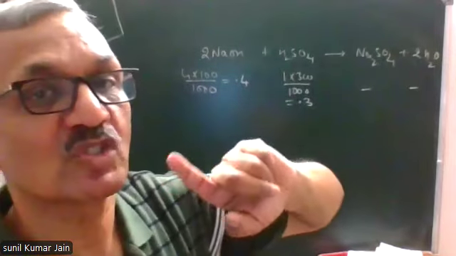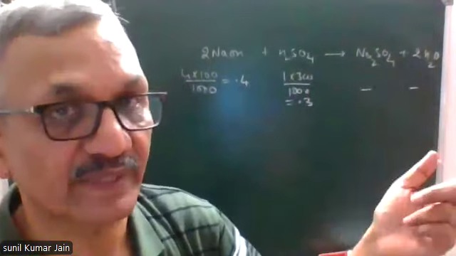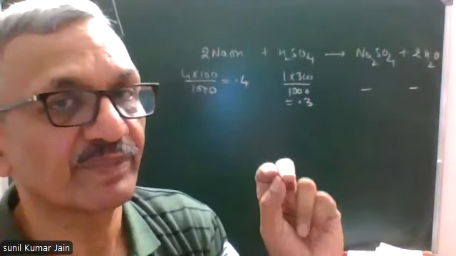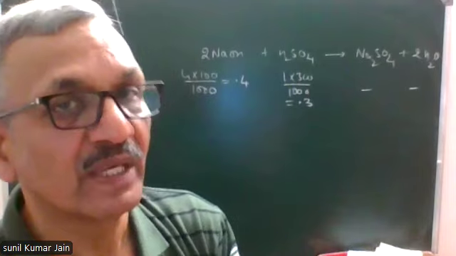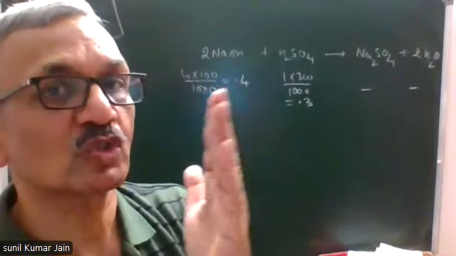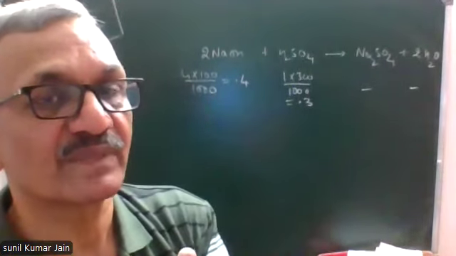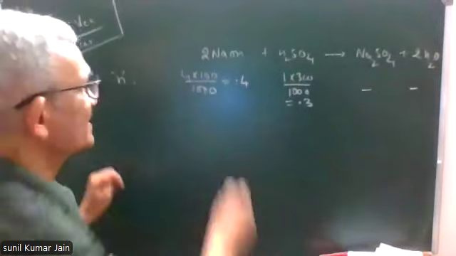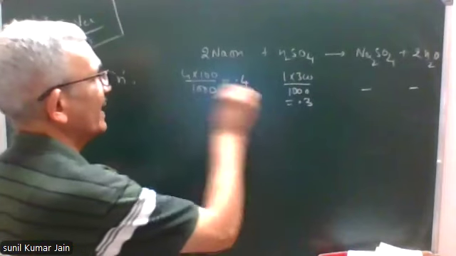I use the term stoichiometric amount for that. So number of moles divided by stoichiometric coefficient will be stoichiometric amount. That reactant whose stoichiometric amount is least, that will be called limiting reagent. So in this case, limiting reagent is NaOH.